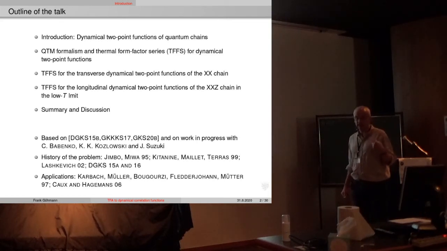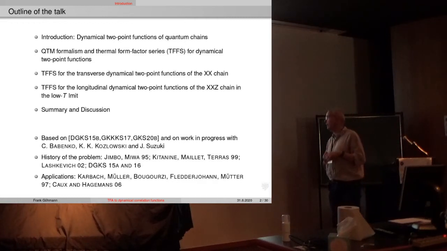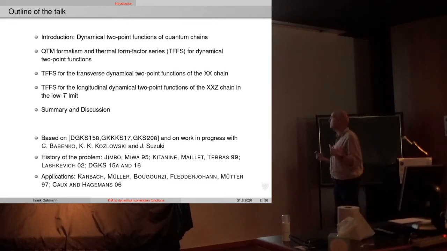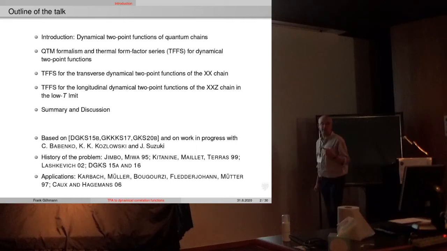These are the techniques. And there is a completely different set of techniques for calculating form factors, which, for the XXZ chain, was pioneered, and I would say, well, there were works before on the linear model and so on, but I think the structure of this was clearly understood, and the pioneering work is this work by Kitanine, Maillet, and Terras in 1999.